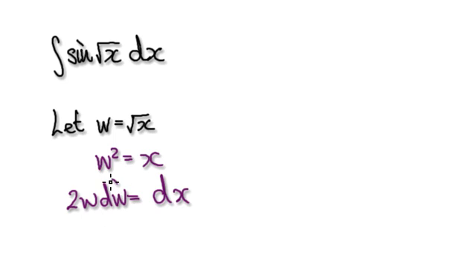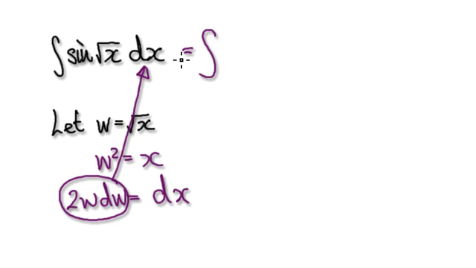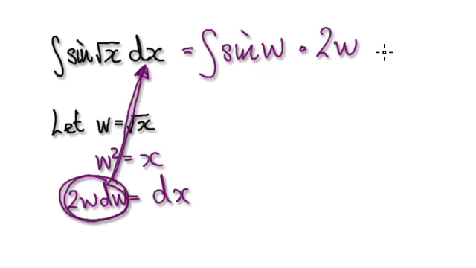Okay, so now let's try and do it. Put this into here. This thing here will become sine, and remember this here is w, so sine of w, and then dx is this thing here, 2w dw.